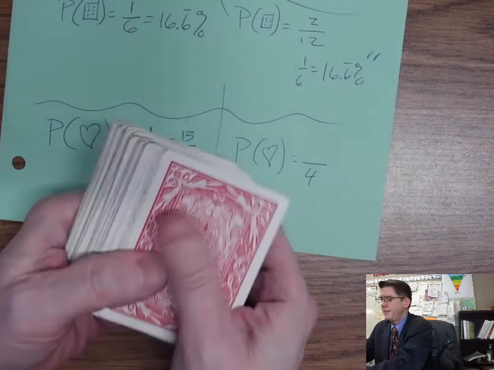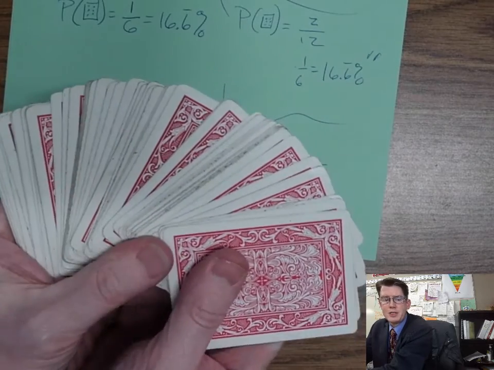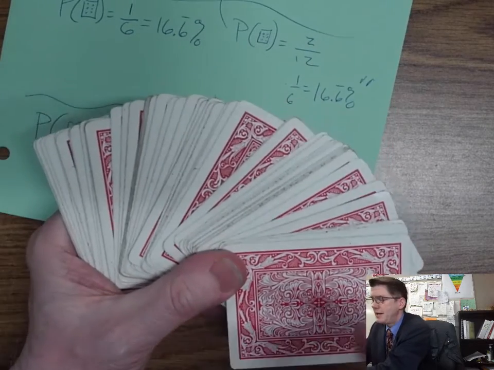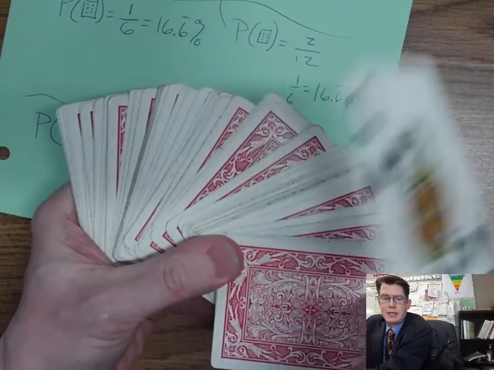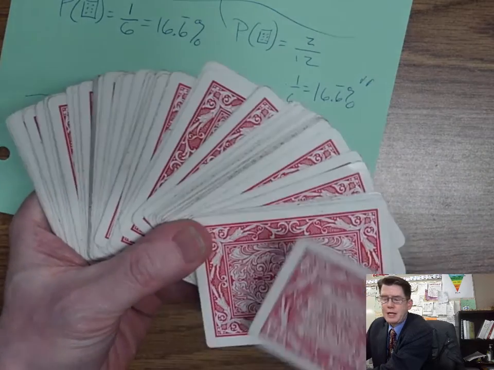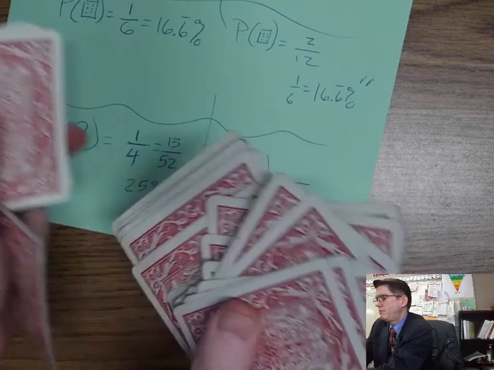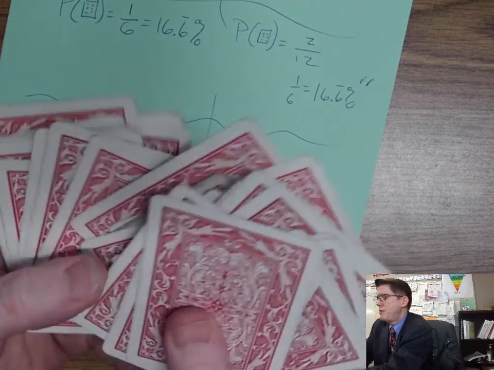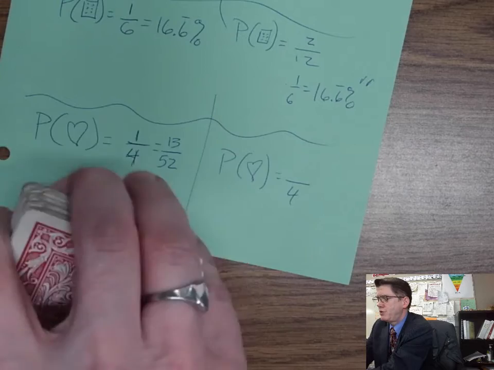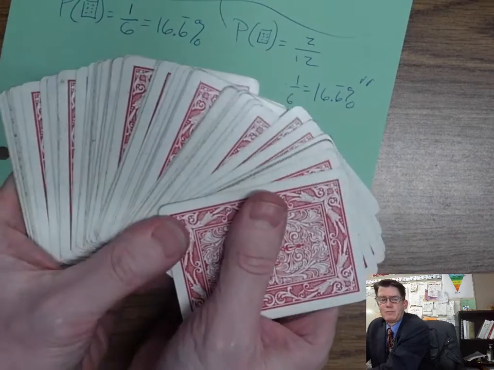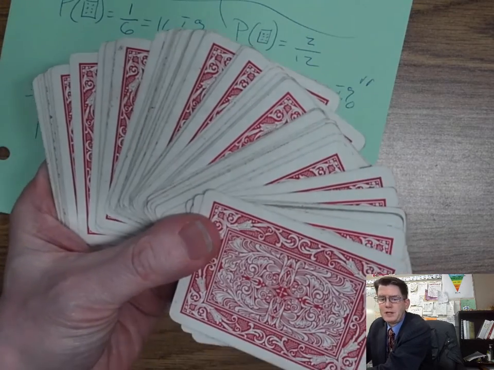There we go. Okay, so I'm going to pick 4 cards and see how many hearts I get. Okay, I got a spade. That was 1. I'm going to mix them all up again so I get as random as I can each time, picking out of 52.